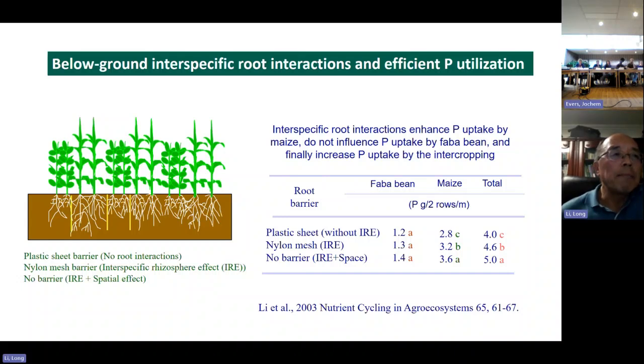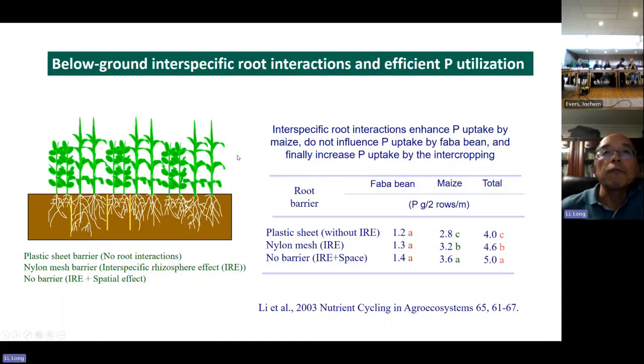That means there is just an interspecific rhizosphere effect. If there is no root barrier, there is complete below ground and above ground interaction, which means interspecific rhizosphere effect plus spatial effect.